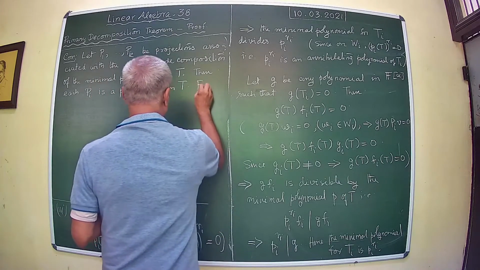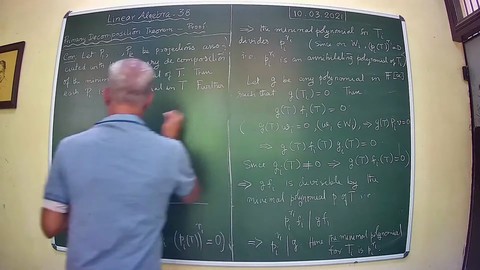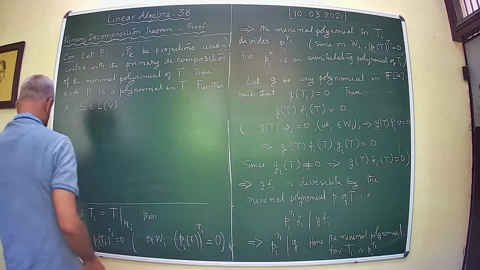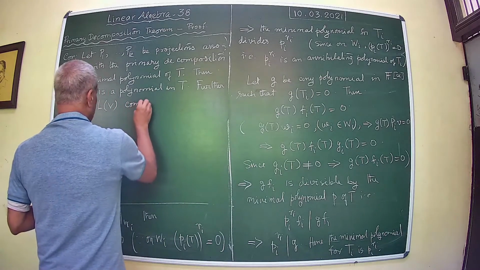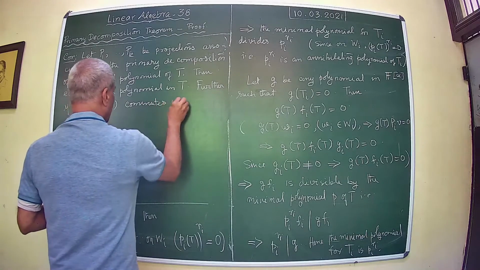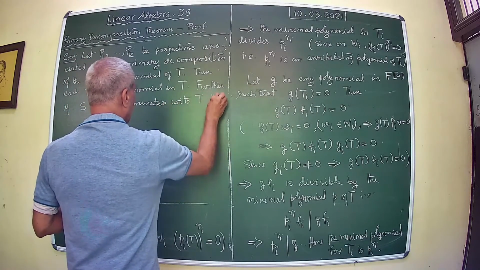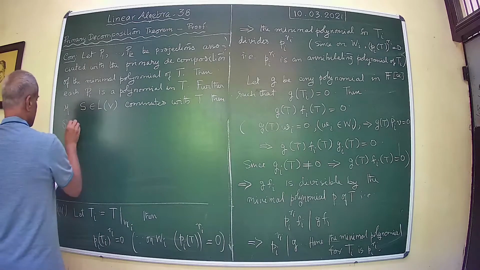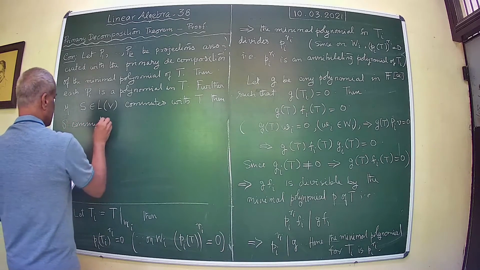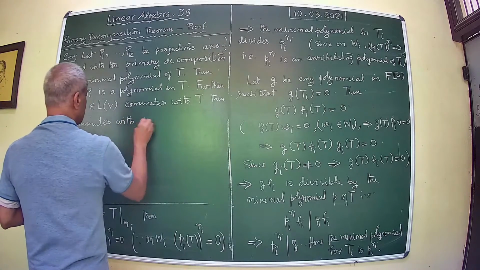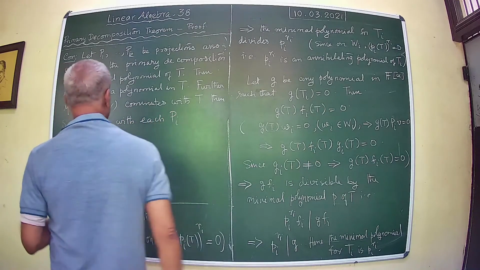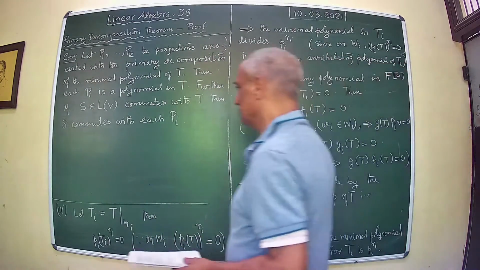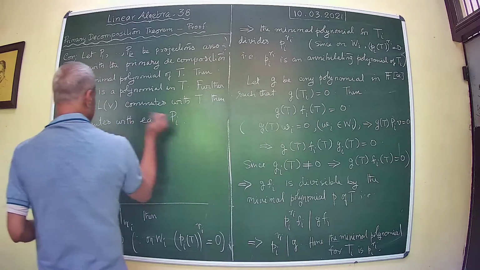Further, if S commutes with T, just A is a polynomial in T and S commutes with T. So you can easily show that S commutes with each E_i here.